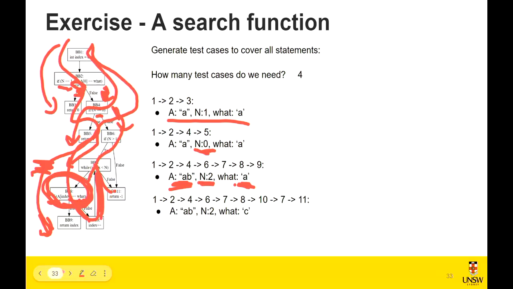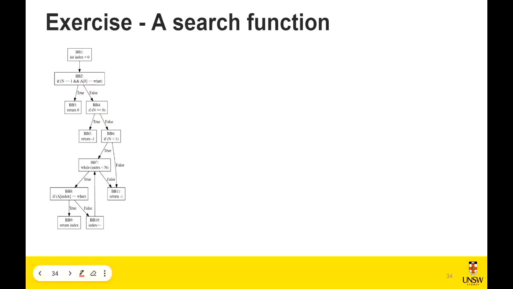We just need to cover every statement, so we don't need to loop inside this while loop. So this is what we got. We can use this test case to cover the fourth situation. So we can use these 4 test cases to cover all the statements here.